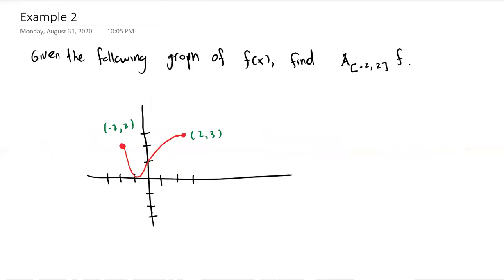Another example. Given the following graph of some function f of x, find the average rate of change of the function on the interval -2 to 2. So what do you need? We know what the formula is.